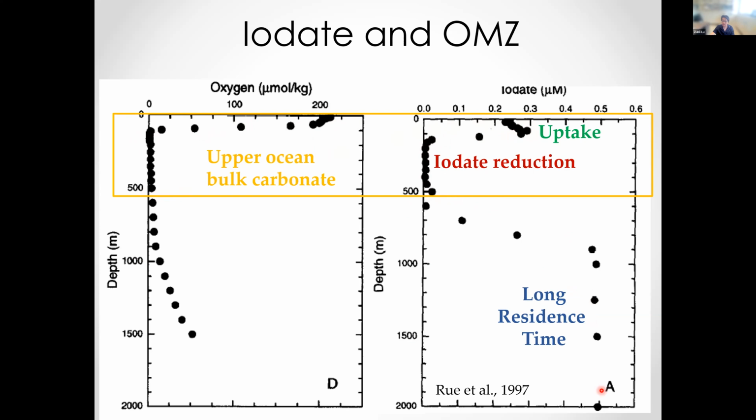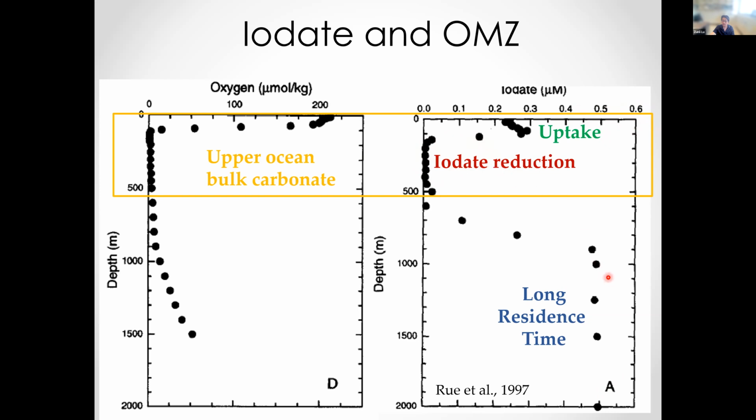So if you look at a typical iodate profile like this, you have sort of three parts. In the surface water, iodine can be taken up by organisms as a micronutrient. In the middle part, iodate can be reduced, just a redox reaction.